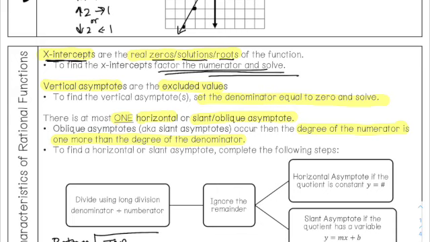You're going to ignore the remainder. You will have a horizontal asymptote if you get a constant, so if you just get a number. You will have a slant asymptote, so something that has a slope, if the quotient has a variable. So that will be in the form y equals mx plus b.